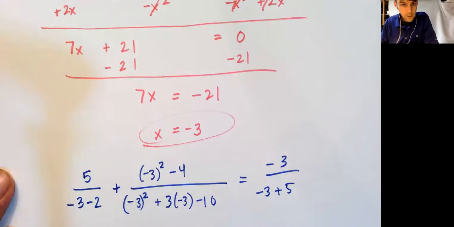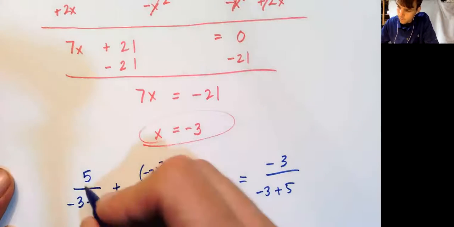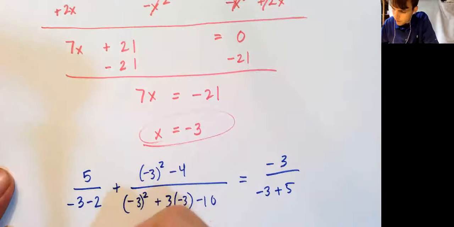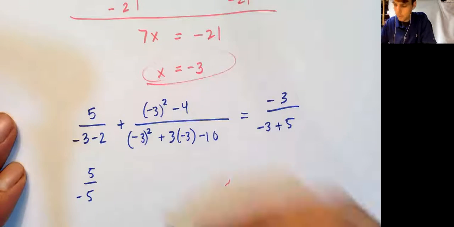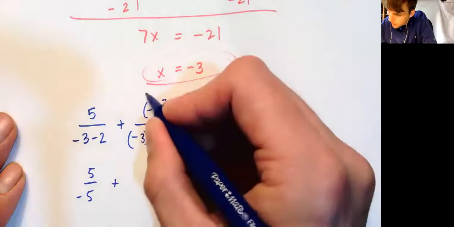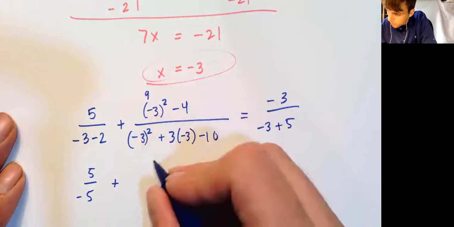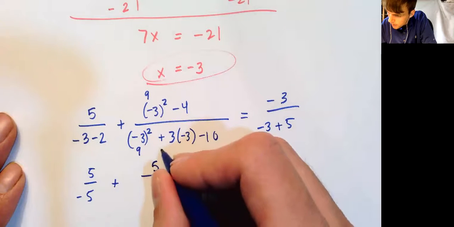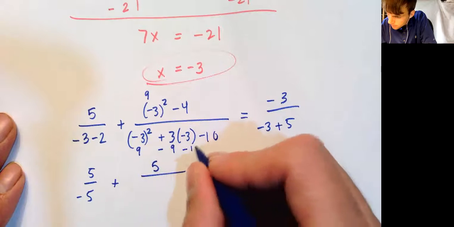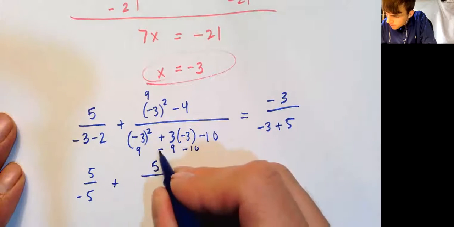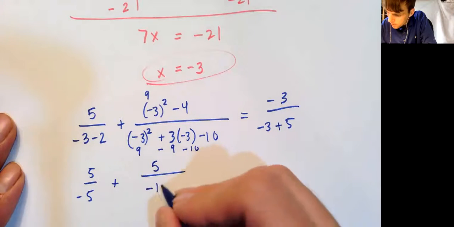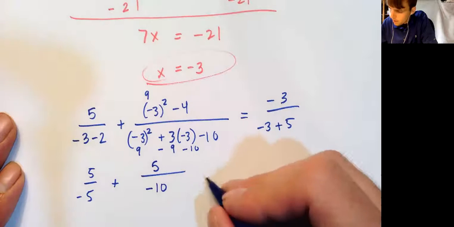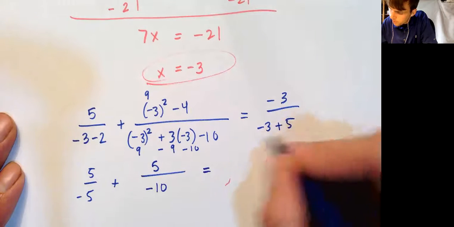All right, simplify this out a little bit. 5 over negative 5. That's going to be 9 minus 4 is 5 on top. It's going to be 9 minus 9 minus 10. So 9 minus 9 is 0, minus 10 is minus 10. Equals negative 3 over 2.